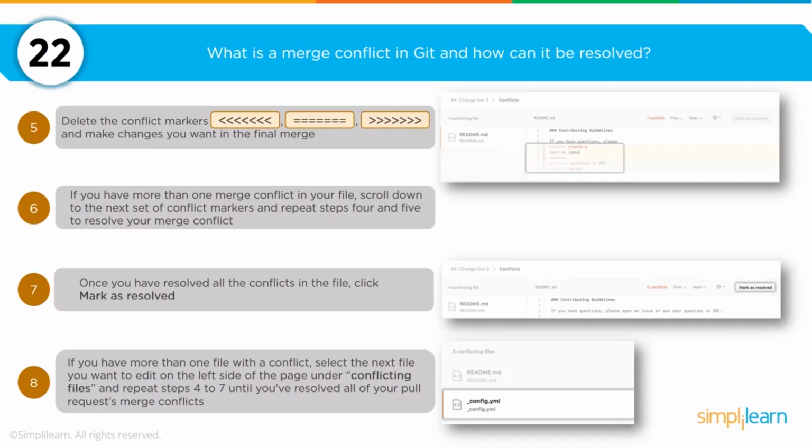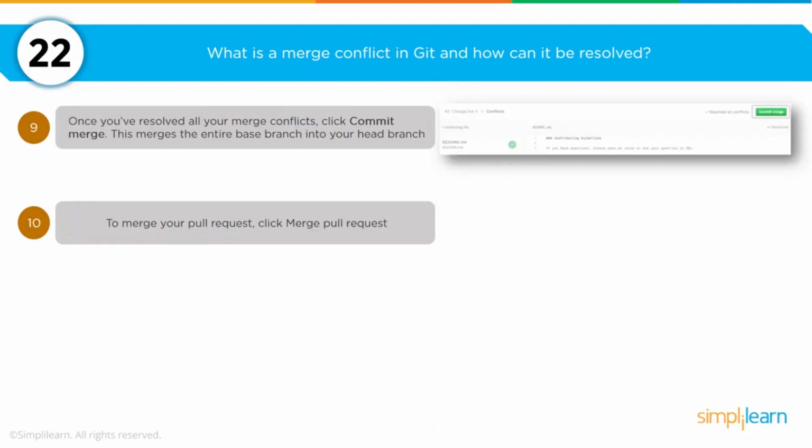If you have more than one file with a conflict, then you want to go onto the next file and start working on those files and just keep repeating the steps we've done up to this point until you have all of the conflicts resolved. And then once you have all of the resolutions created, you want to select the button which is commit merge and then merge all your files back into GitHub, and this will take care of and manage the resolution of the merge conflict within GitHub.